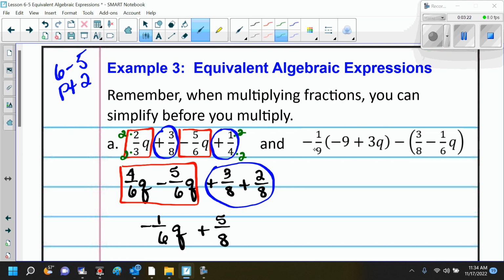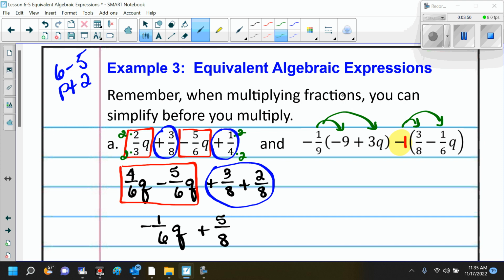So we're going to take this negative 1/9 and we're going to distribute that throughout the parentheses. What am I distributing in the second term? Right. That's going to be a negative 1. Now remember, you can use the distributive property, or you can think of it as keep, change, change, where if you're multiplying times a negative 1, everything inside the parentheses just becomes the opposite, right?